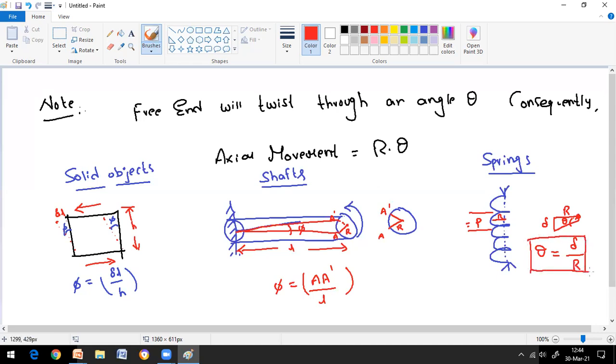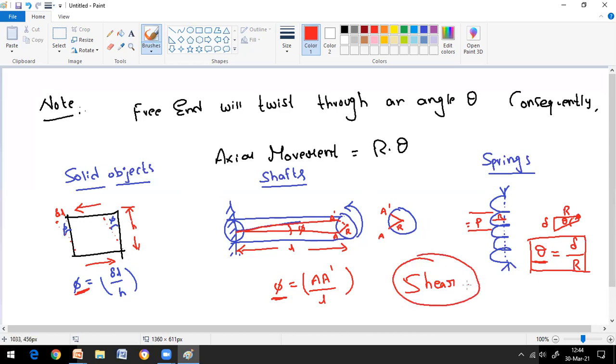This is the shear strain in springs, this is the shear strain in solid objects, and this is the shear strain in shafts. This is the angle of rotation or angle of twist in springs. That's why in all these three, shear comes into the picture.